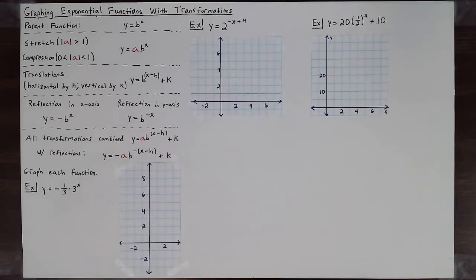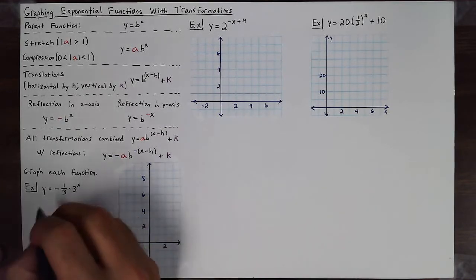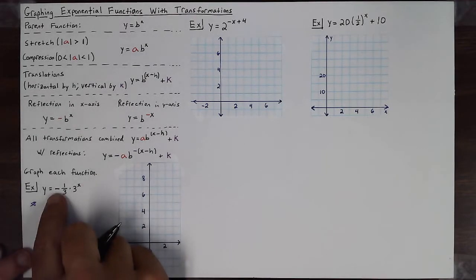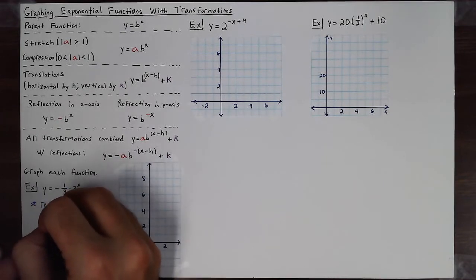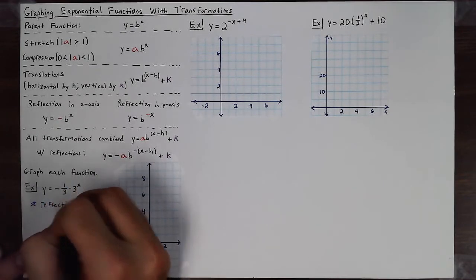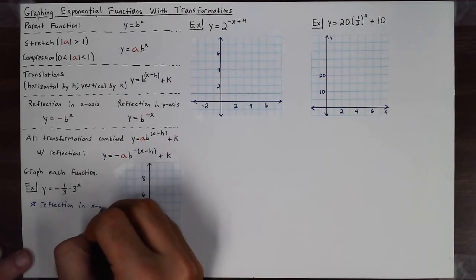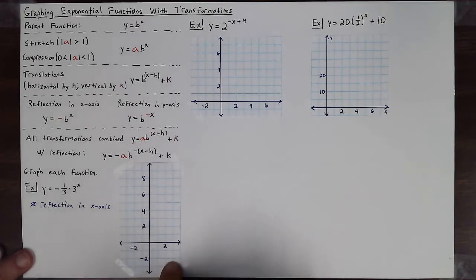Before I graph, I want to point out all the transformations taking place. What I see here is I do have a negative out in front, so this will be a reflection in the x-axis, meaning that the final product of my graph will end up below the x-axis.